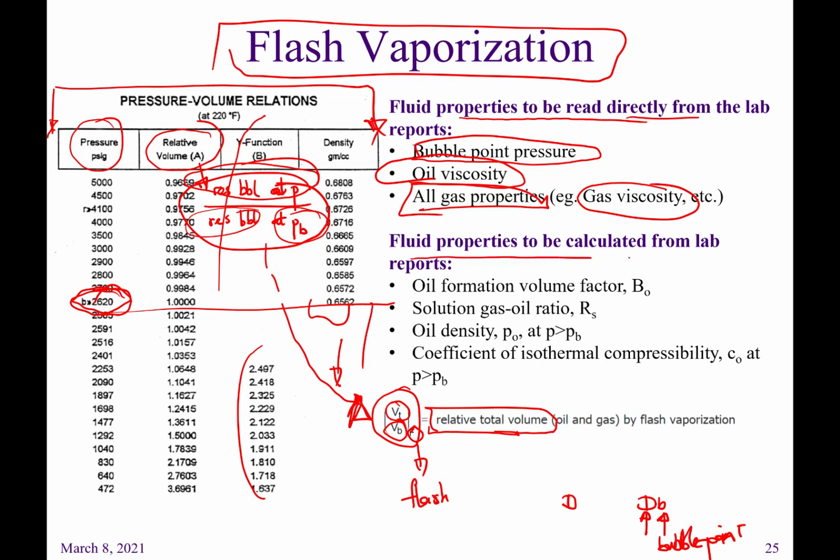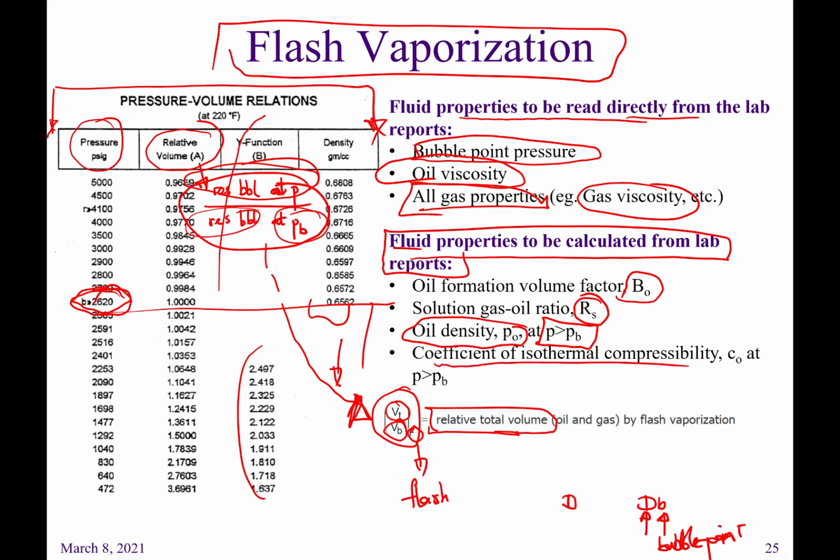The properties we need to calculate from these different lab reports include oil formation volume factor, and I'm going to be showing how we make these calculations, the solution gas-oil ratio, and the oil density above bubble point pressure requires calculation. Below bubble point pressure, we just read it off from the differential liberation data.